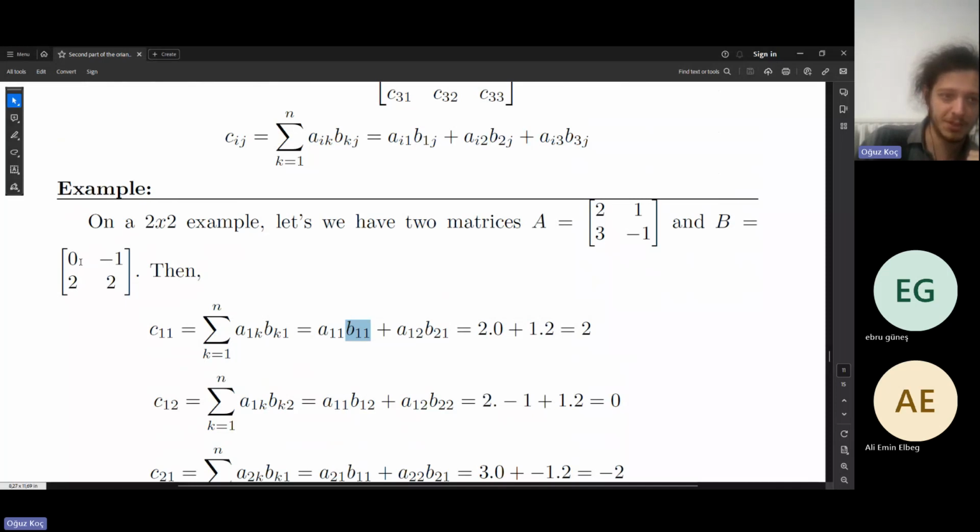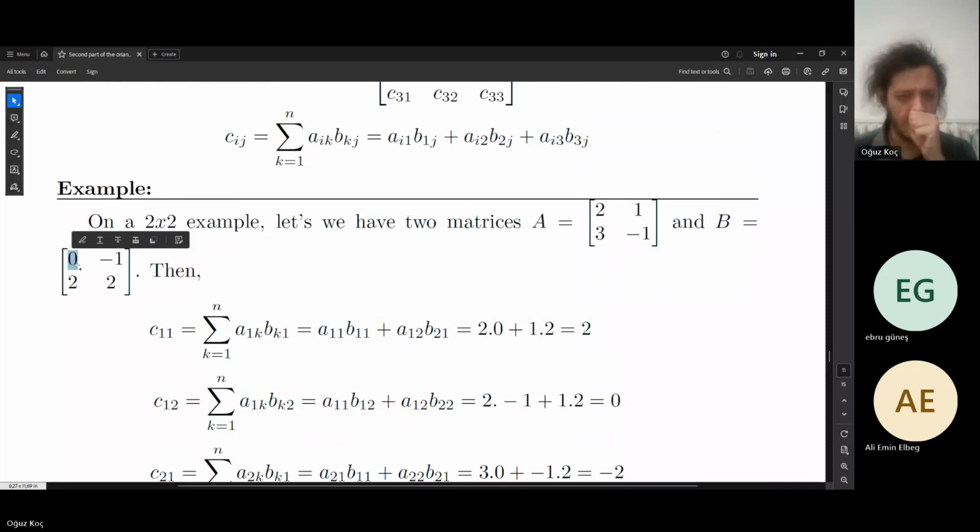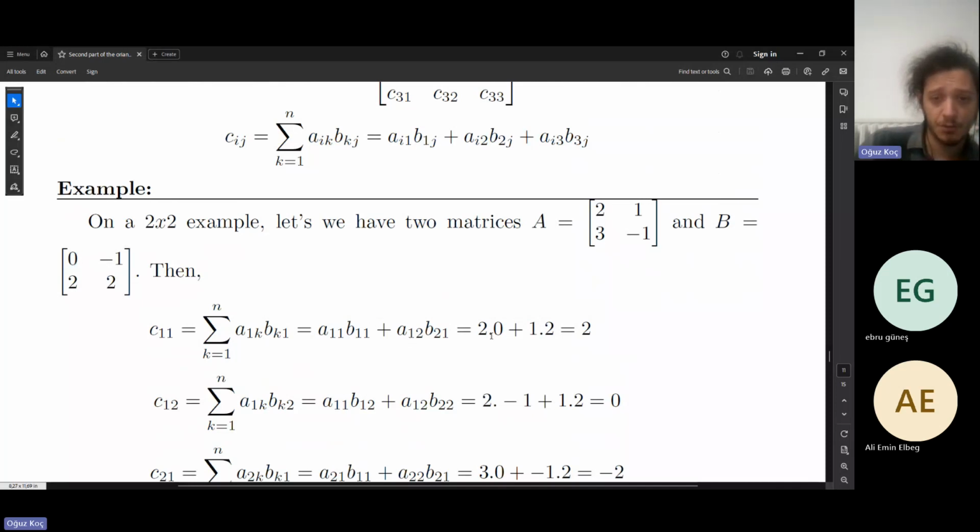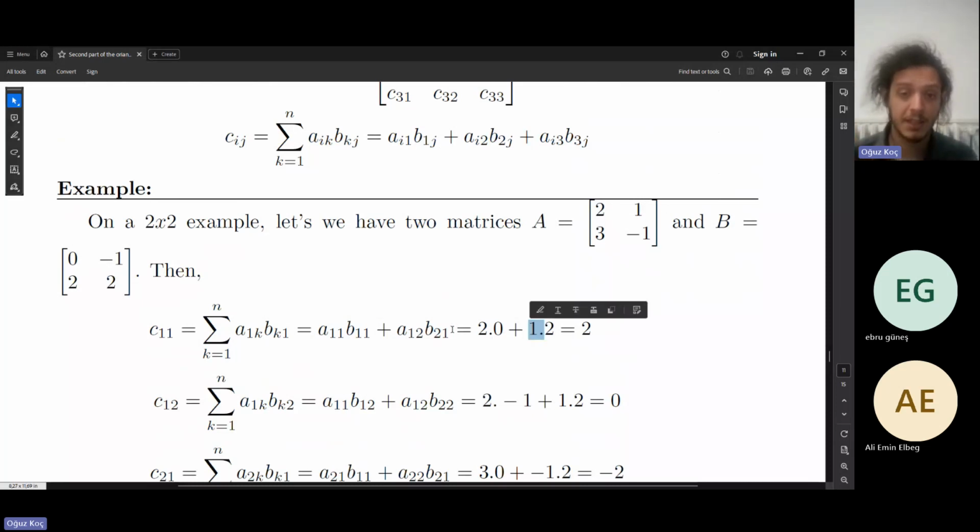Then we have B11. We pass to the B matrix, and its 11 value is 0, so we put 0 here, plus. We pass to the second term. A12 is in the first row and the second column, therefore it is 1.